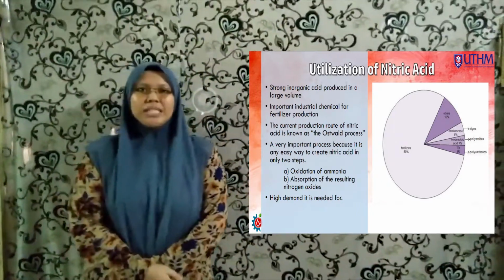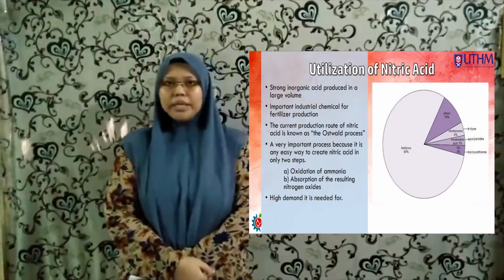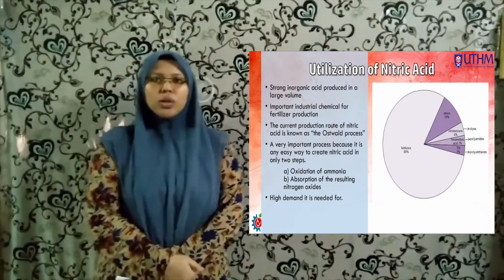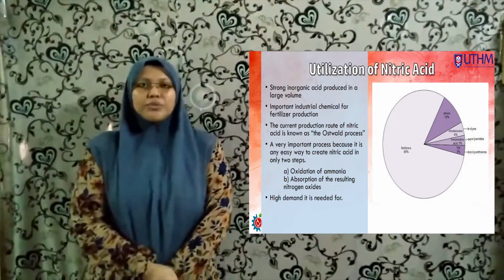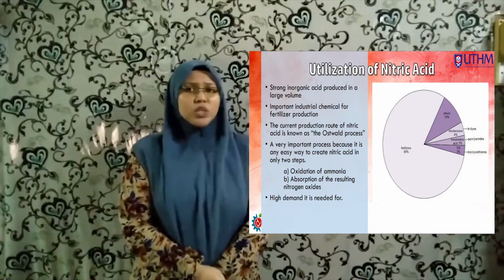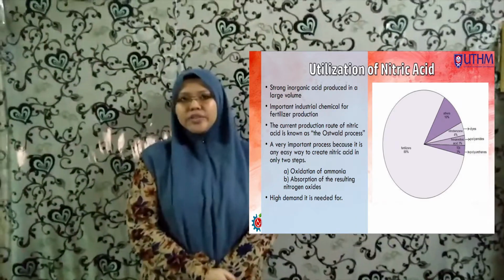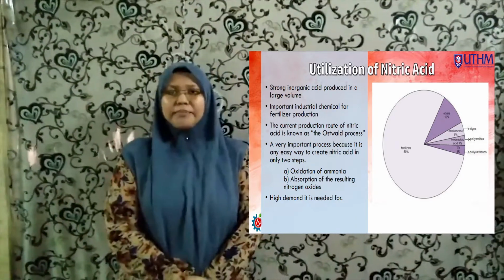The Ostwald process, which was created by Wilhelm in 1902, is still being used today because it is reliable and the easiest way to create nitric acid for the high demand it is needed for.